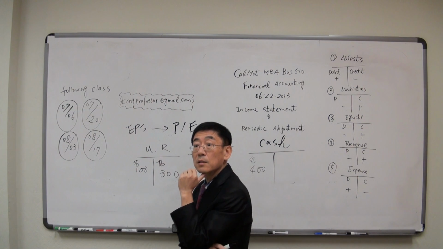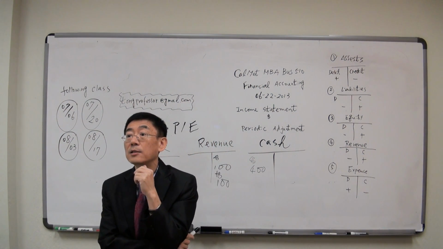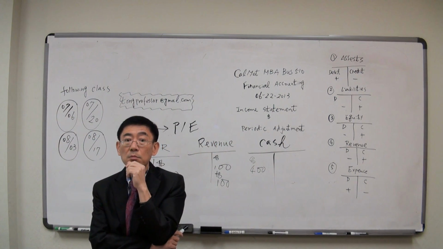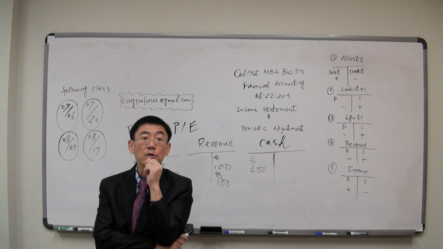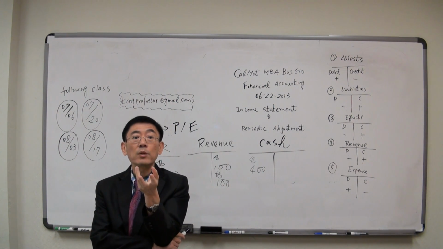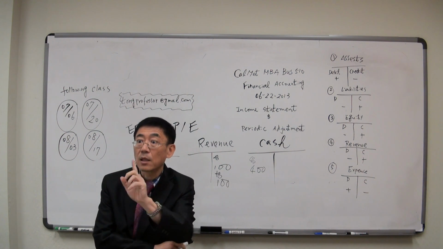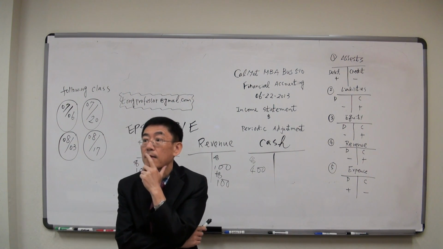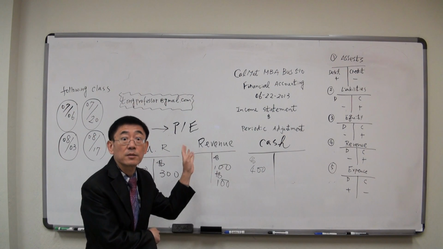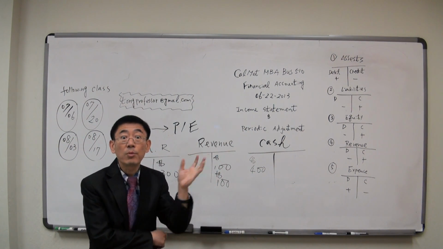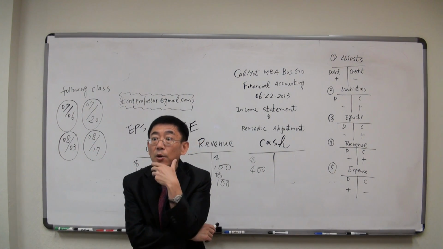Am I clear so far? I just want to change the scenario to give you more opportunity to exercise. Same thing, right now we receive 400, but this 400 is not prepaid. If it's prepaid, we use the previous process. But right now this 400 is a security deposit.